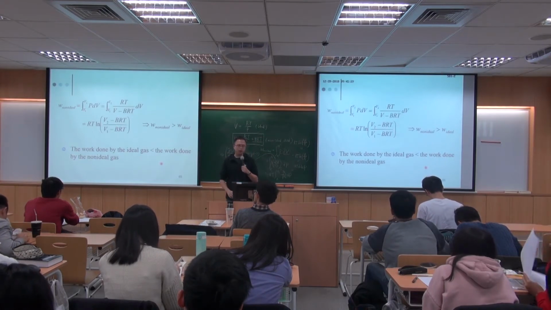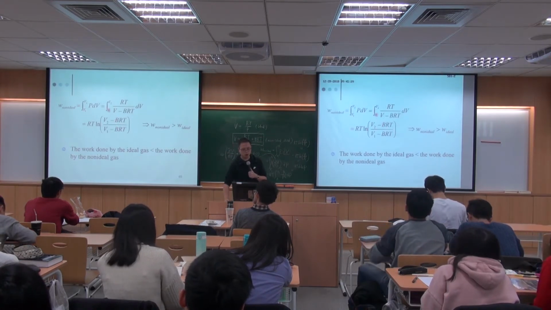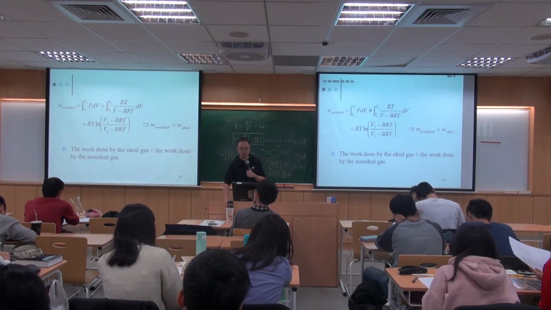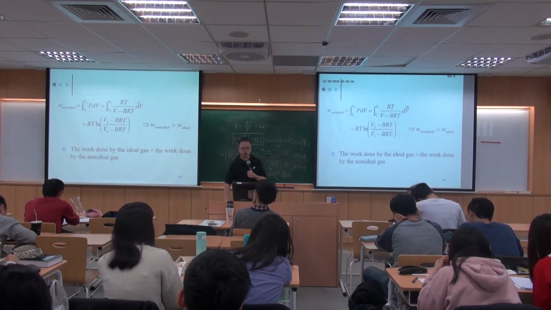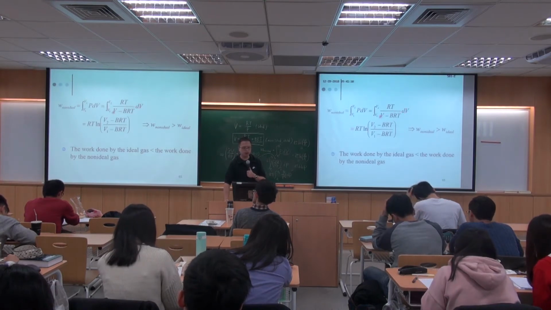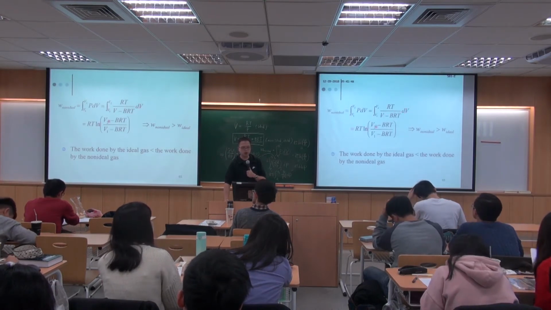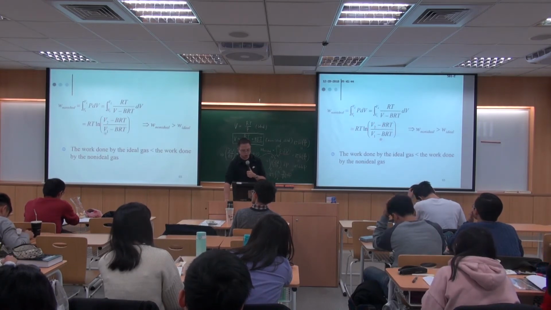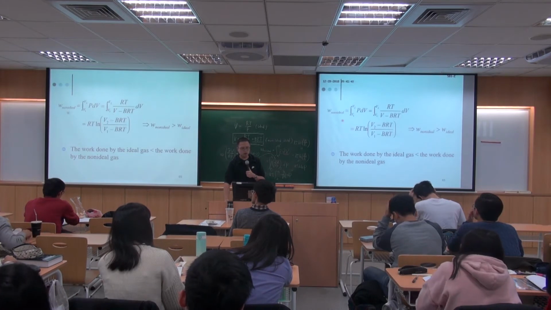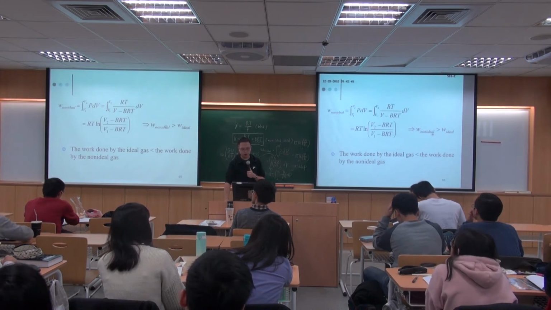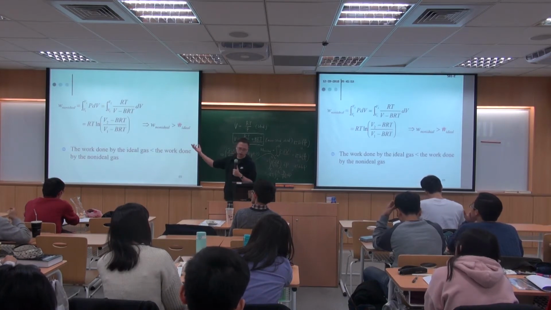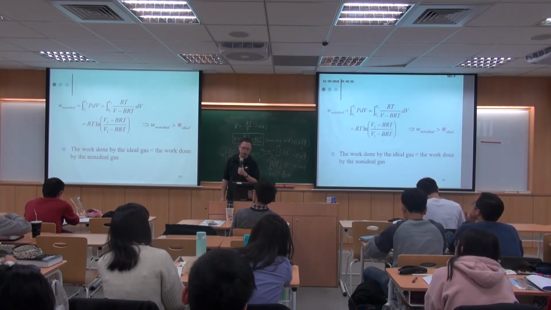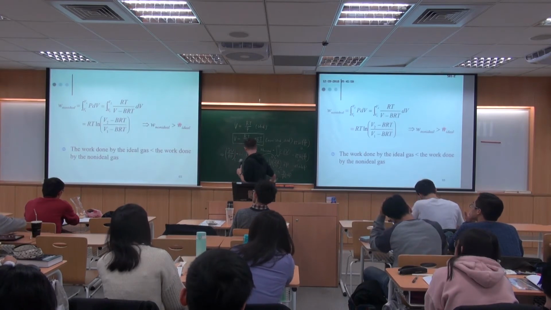Therefore, since you already know what V1 and V2 are, you can just use this expression to directly integrate over dV. And this is a very simple integration. It will just give you log V or V minus BRT. And therefore, this is greater than the ideal gas work. Of course, if you just directly look at this, it's hard to just compare.